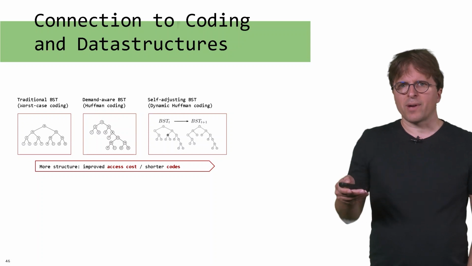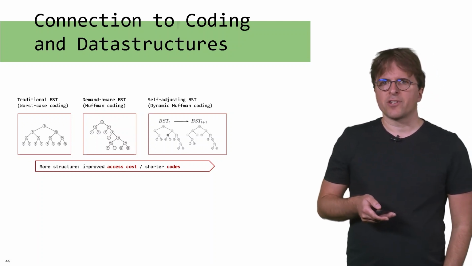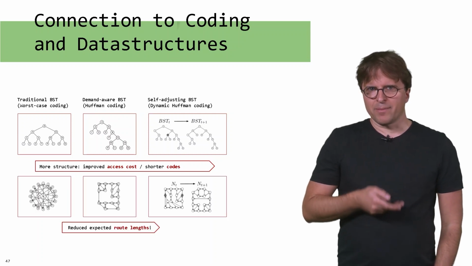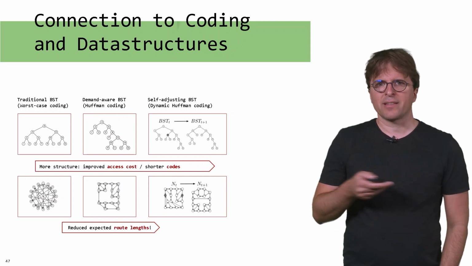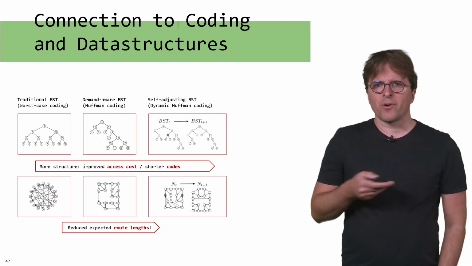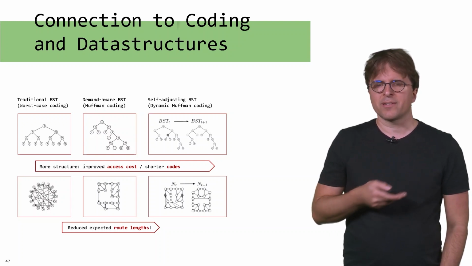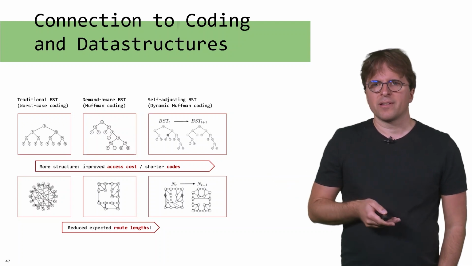And the more to the right, you get shorter and shorter codes and more efficient communication. And very similarly, in this class, what we will consider is that networks become more and more demand aware. So hopefully the route length or the performance or the congestion will be optimized more and more to the right, the more dynamic you make your network.